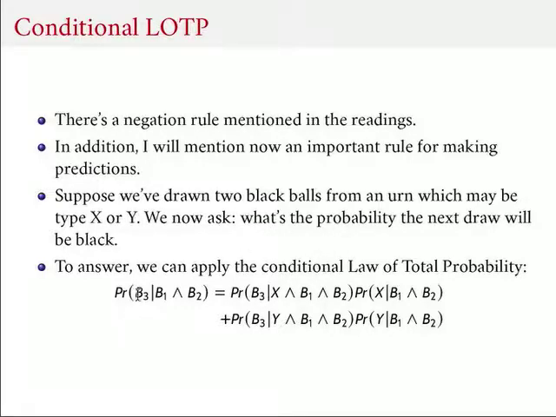So what we're asking here is, what's the probability that the third ball drawn will be black, given that the first 2 are? And the conditional law of total probability tells us that it's equal to the following. It's equal to the probability of the third draw being black, given that you're drawing from an urn of type X and you have 2 black draws so far, times the probability that you're drawing from an urn of type X, given 2 black draws.